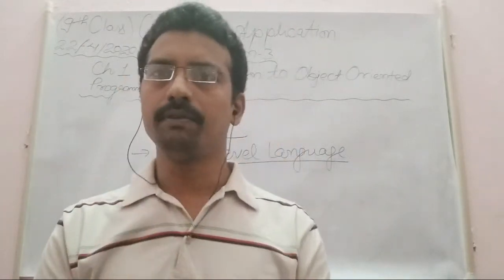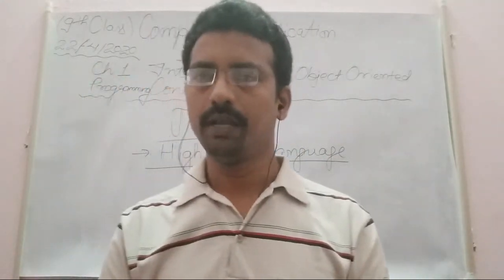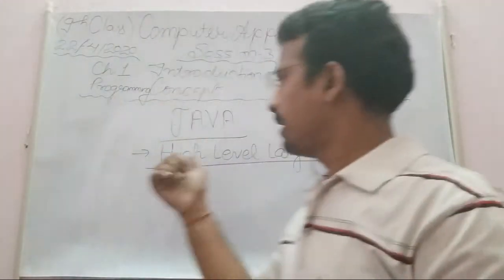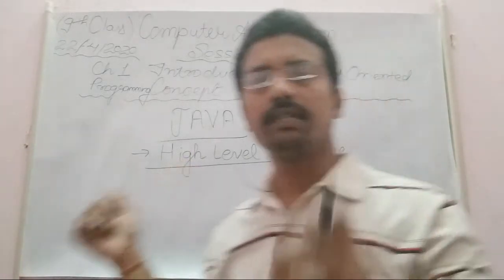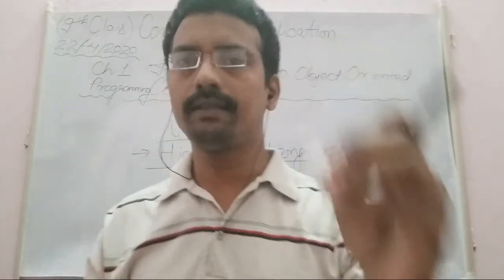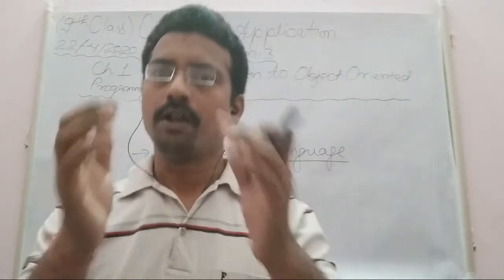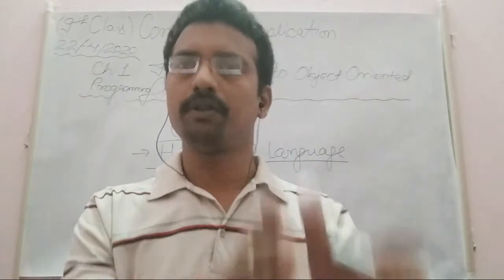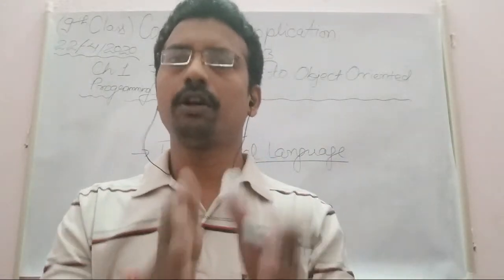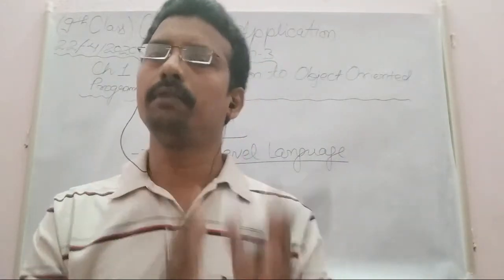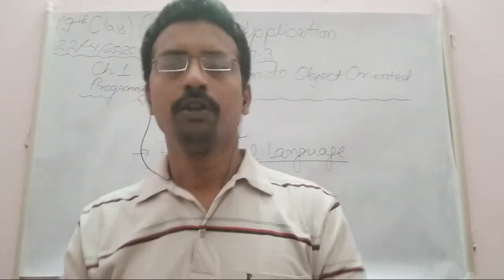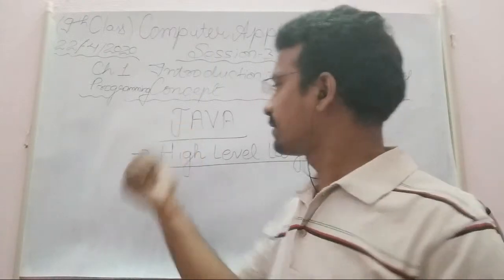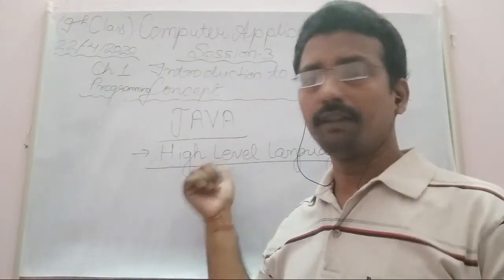Java is a high-level language of the third generation in the language generations, and high-level means the code is easy to understand. A normal user with a little effort can easily program in Java. This is the good quality of any high-level language, and Java is one of them. So in our syllabus, Java is there.